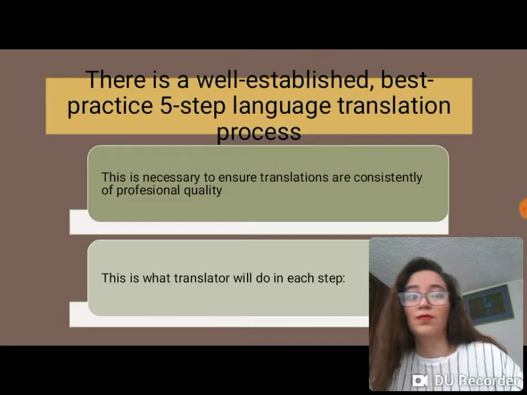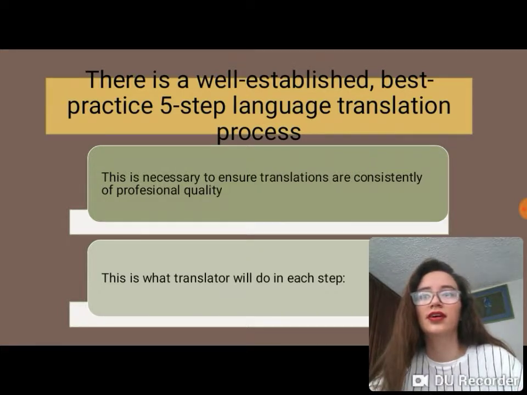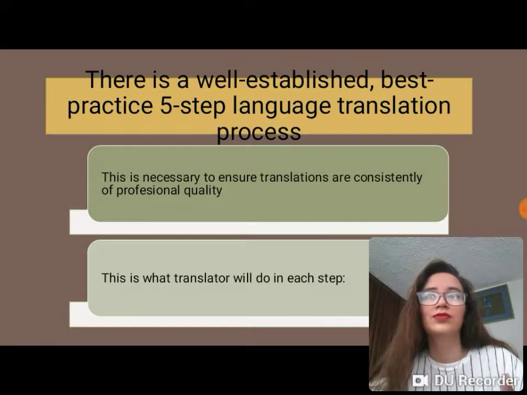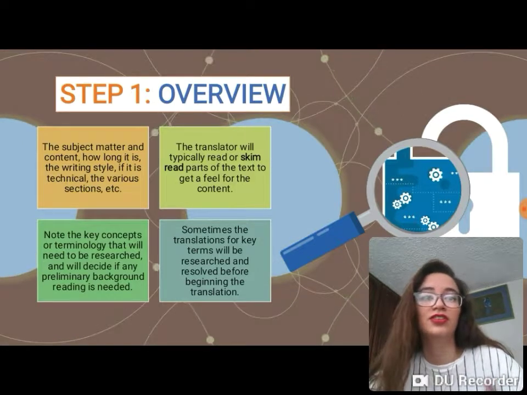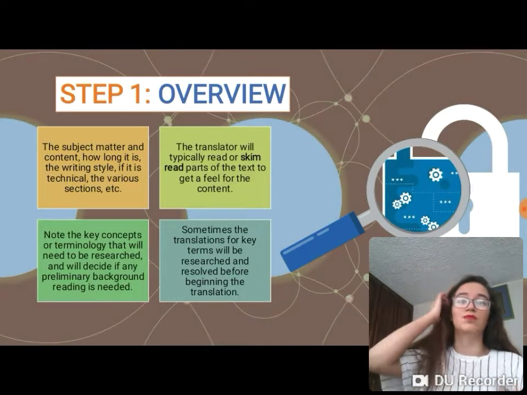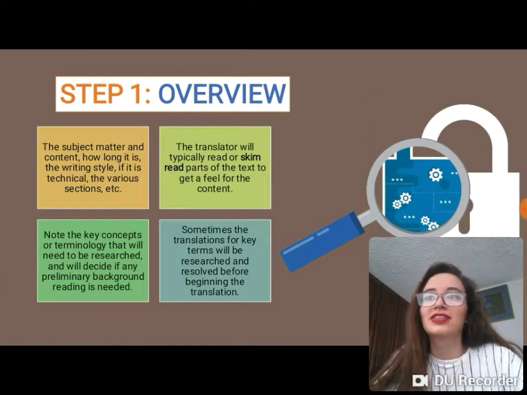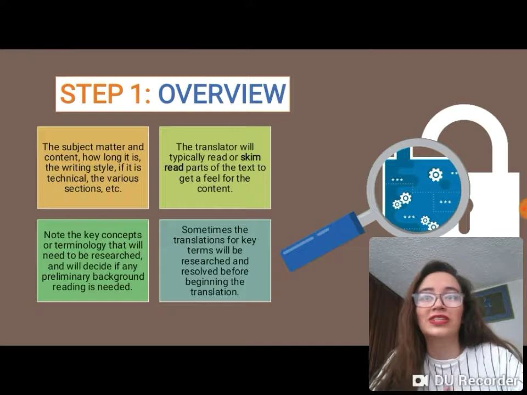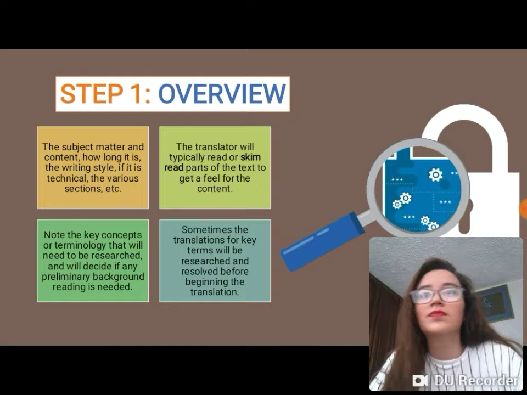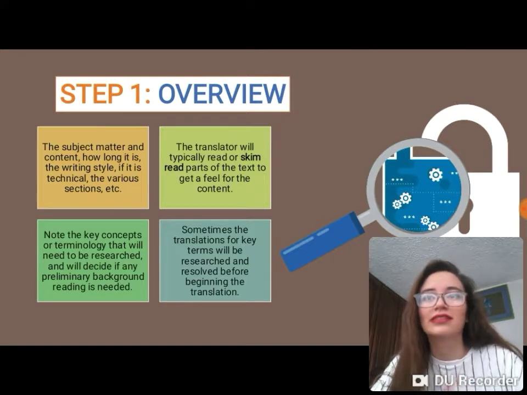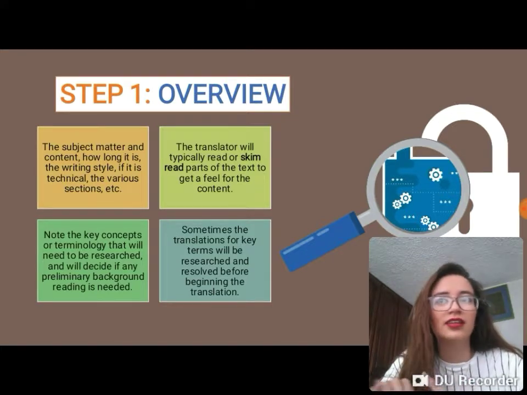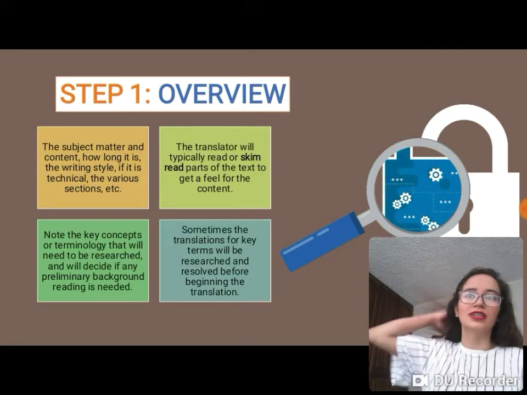Step number 1 is the overview. The first step is to scope out the text to be translated, that is the subject matter and content, how long it is, writing style, if it's technical, the various sections, and so on.